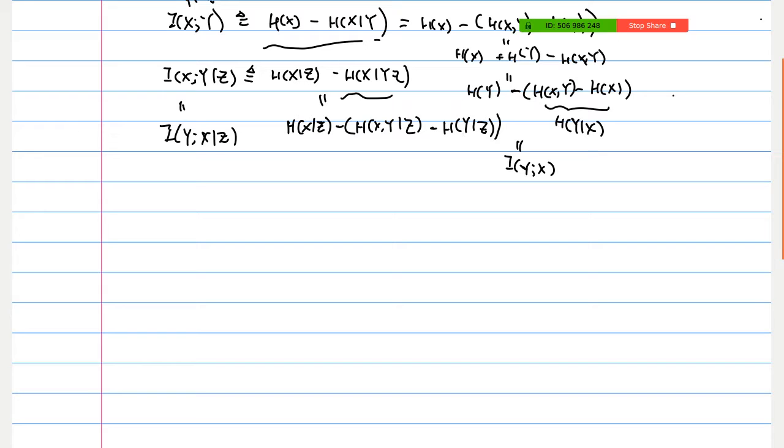Given Z, you know Y, and then given Y and Z again, the information of X, and these two added together should be the information of XY given Z, right? Then rearranging the terms, H(X given Z) plus H(Y given Z) minus H(XY given Z).